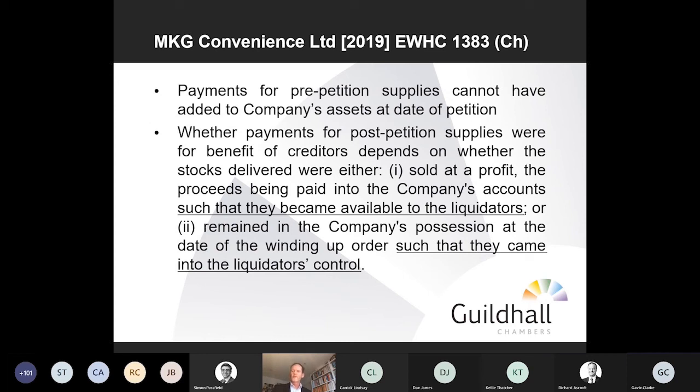It was critical that those payments went into the company's account, and critically that they also remained in the possession of the company at the date of the winding up, such that they would benefit the general body of unsecured creditors. So again, it shows that particularly if you're making the application on behalf of a third party recipient, it's increasingly difficult, I think, to demonstrate that benefit to the general body of unsecured creditors.